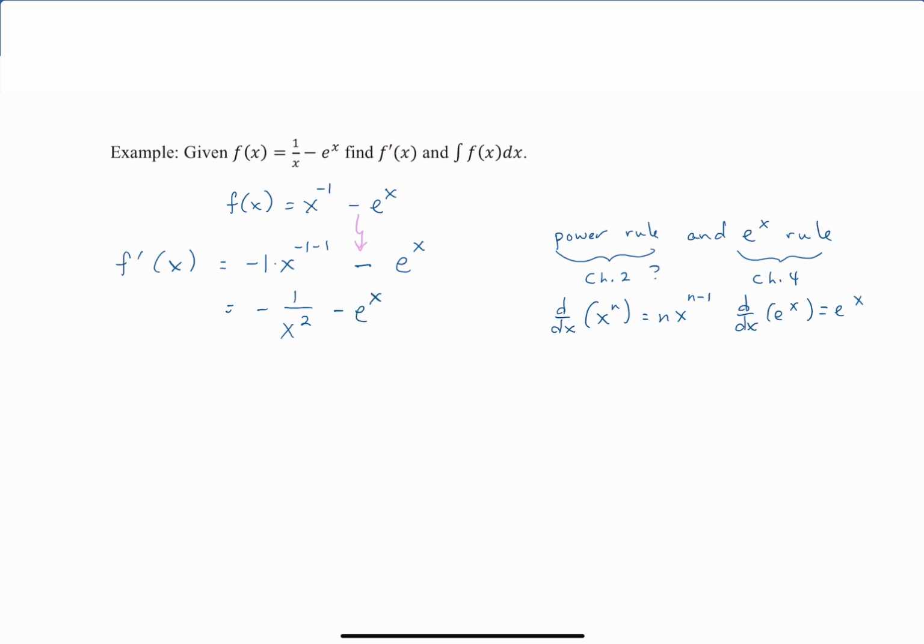What about the integral of f of x dx? So integral of 1 over x minus e to the x dx. Don't forget the dx.